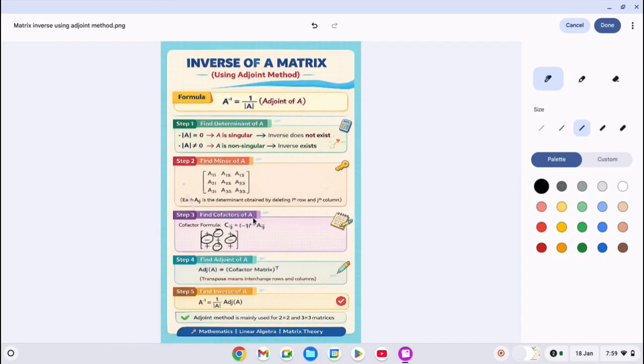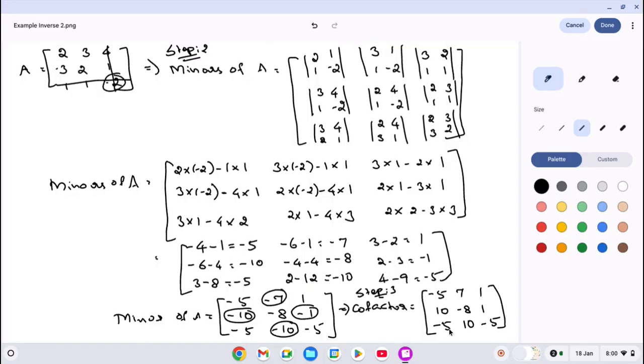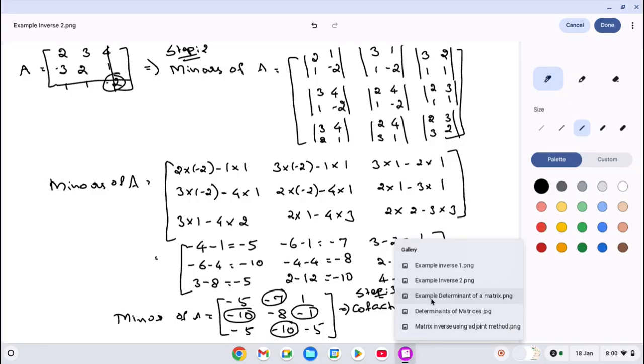The next step is finding the adjoint of A. Finding the adjoint of A is nothing but transposing the cofactor. Transpose is interchanging rows and columns, which means we write the row as column and the column as row.